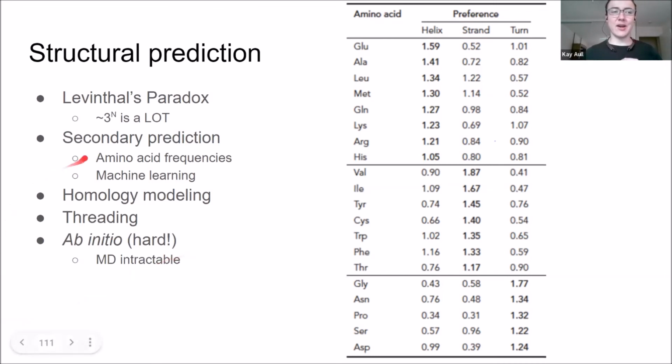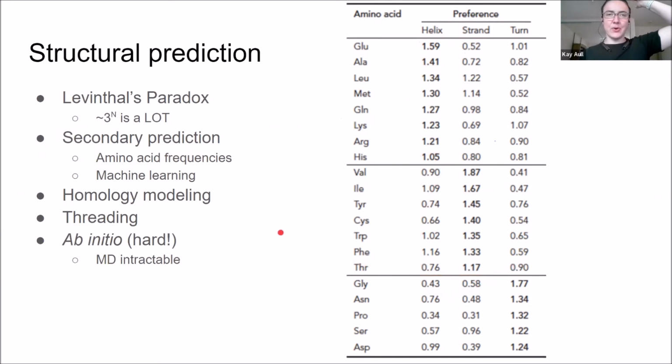We can try to look at secondary structures, look at the amino acid frequencies within different types of secondary structures, so you can predict, maybe this alanine wants to be in a helix, and use those to say, okay, I'm going to try to assume that this is a helix or that this is a beta strand.